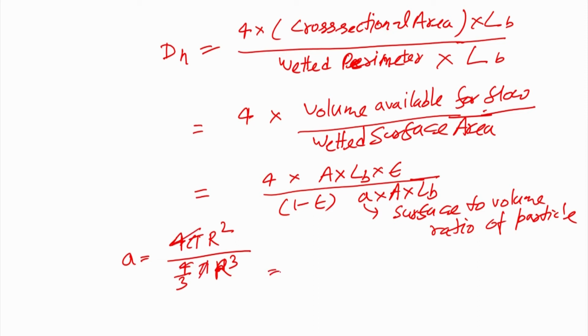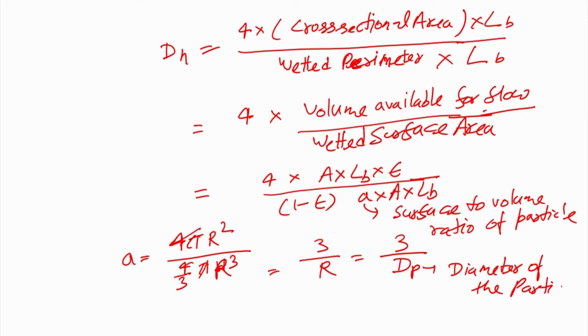It will be 3 upon r, or you can write it 3 upon the diameter of the particle. So, I am writing dp, which is the diameter of the particle. And it will not be 3 because you are converting r to dp, it will be 6. So, the a will be 6 upon dp.